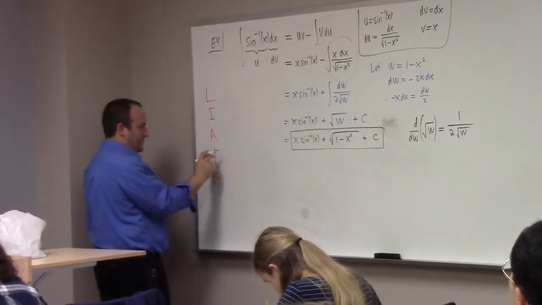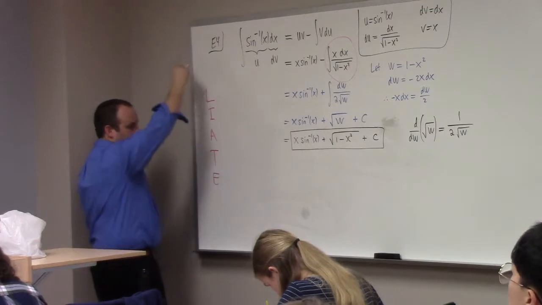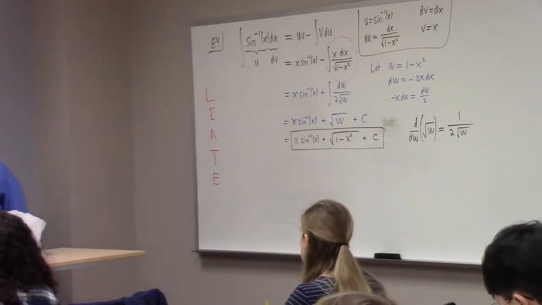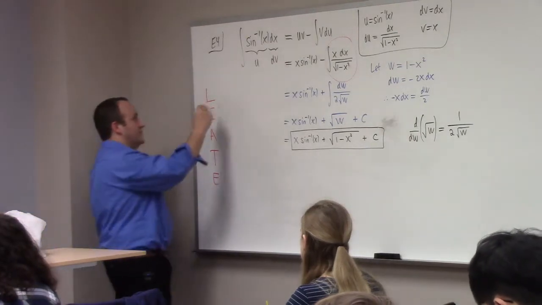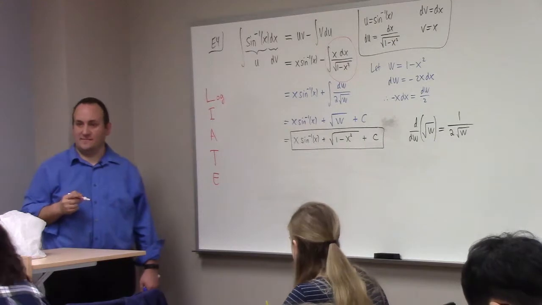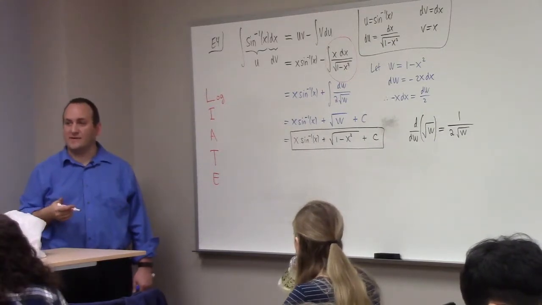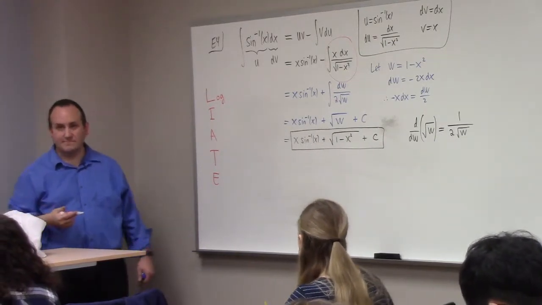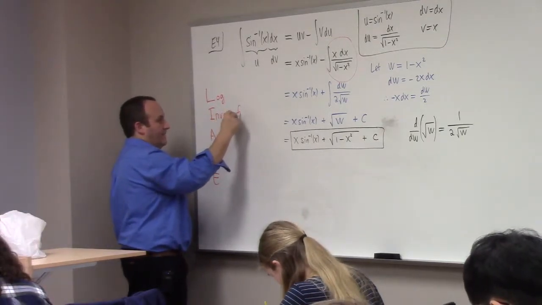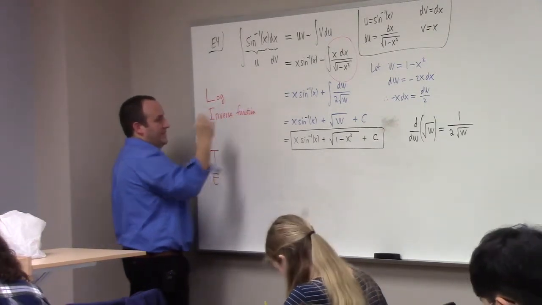LIATE. This is going in order of preference of choosing u for the integration by parts. Numero uno, log. If there's a log, that's what you're going to make to be u, probably. If there's an inverse function, well then, that's going to be the u.